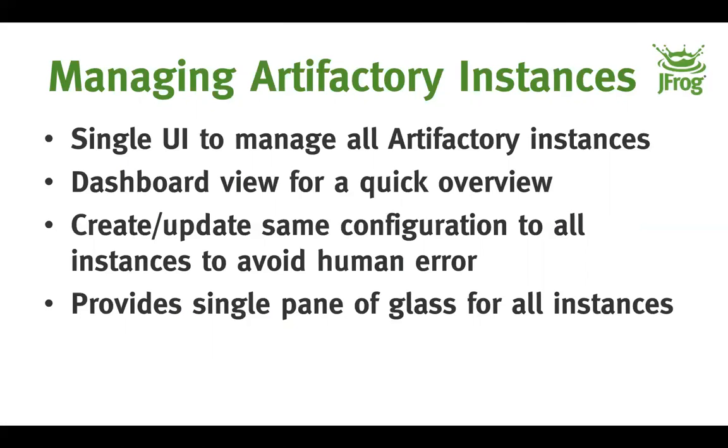Since everything is all about automation, you can write DSL scripts, which you can store right inside Mission Control. You can also configure your Git repository with Mission Control so that you can directly import or export all your scripts. In the end, all this information serves as a single pane of glass for all your instances, and it helps the admin as well.